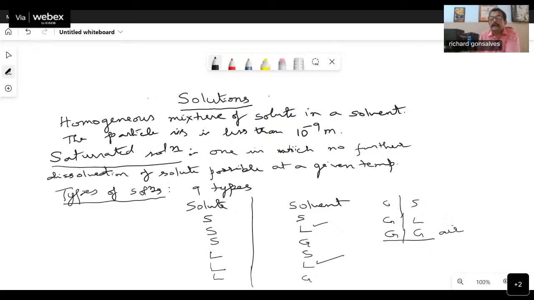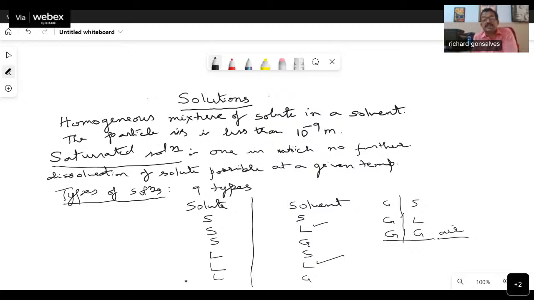We know that air contains gases. Which are the gases which are generally present in air? Air contains nitrogen 78%, oxygen 21%, and so many noble gases are also there. And water vapor is there, other things are there. Therefore, it is a gas in a gas.